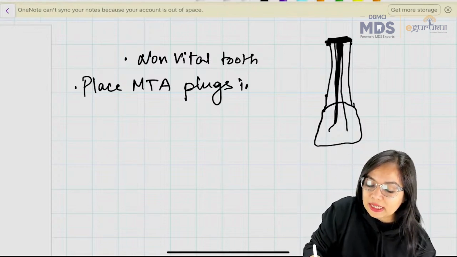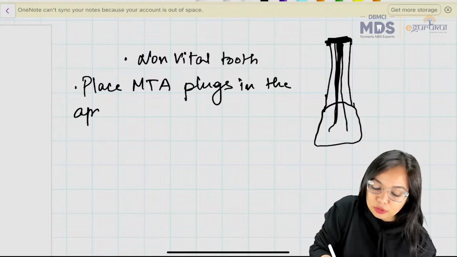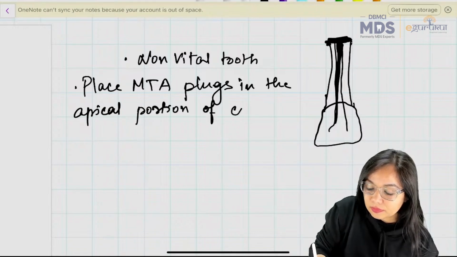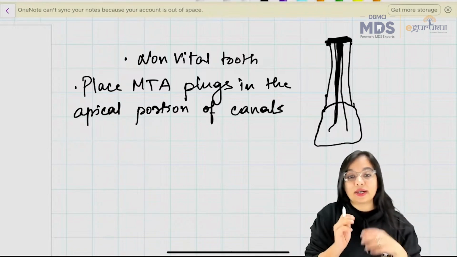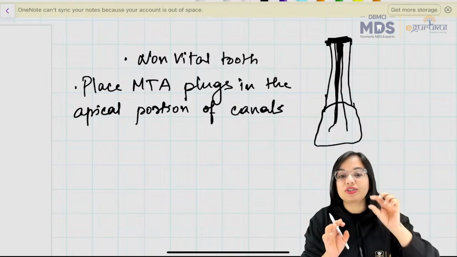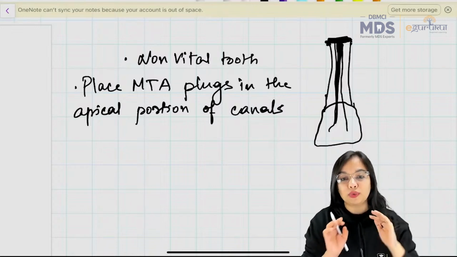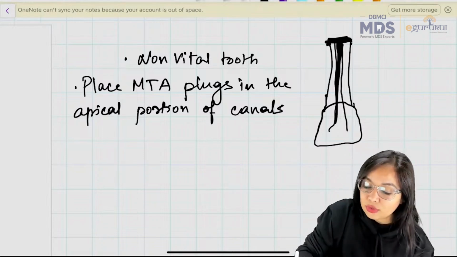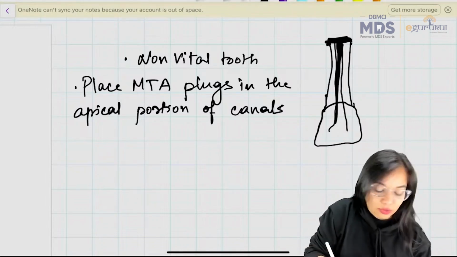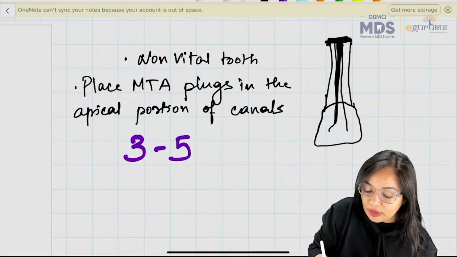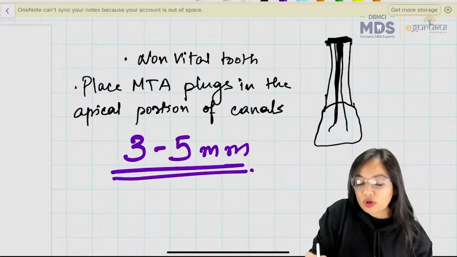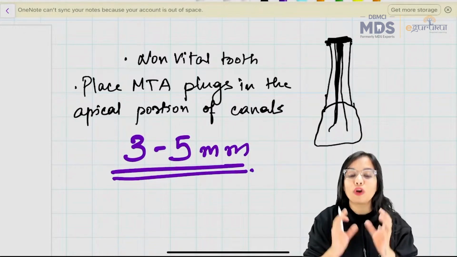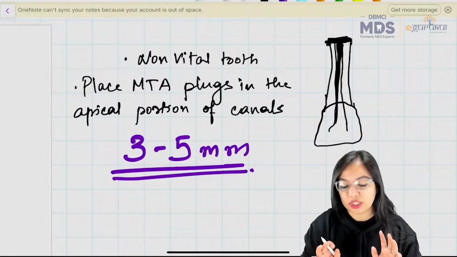As you can see in the diagram, there is a plug-like structure placed in the apical portion of the root canal, and the thickness of that apical plug should be around, this is very important, please take a note of this, 3 to 5 mm, followed by a conventional root canal obturation with gutta percha.